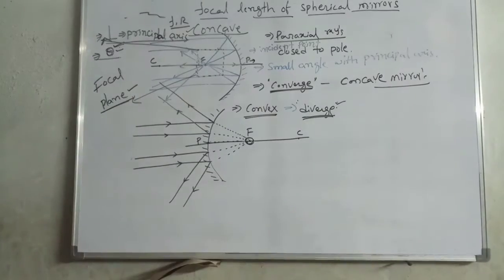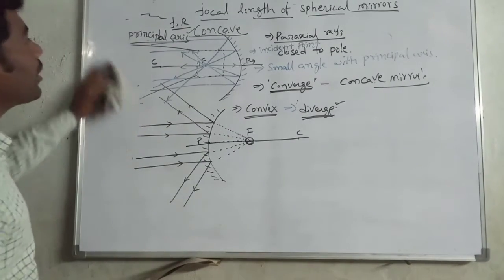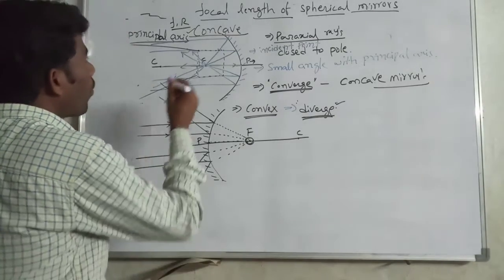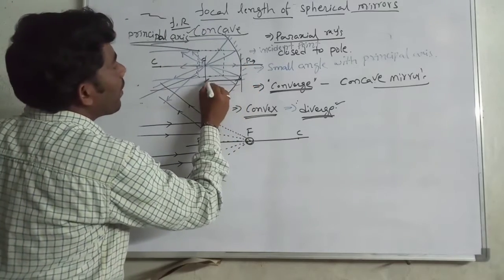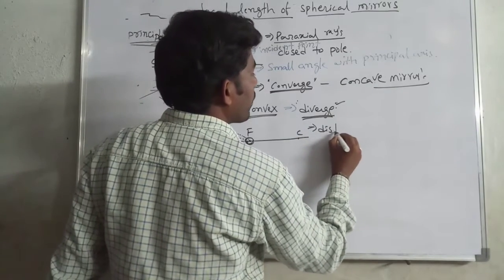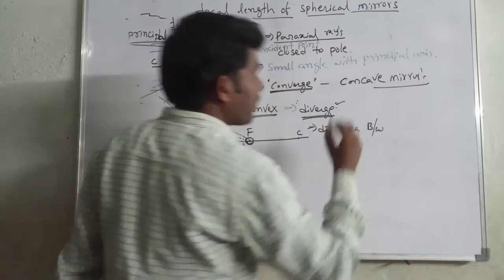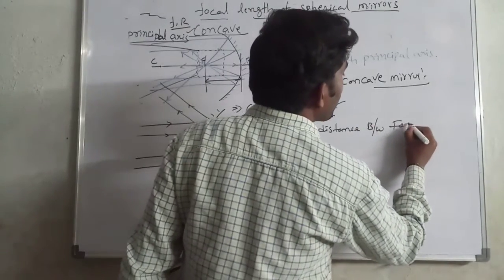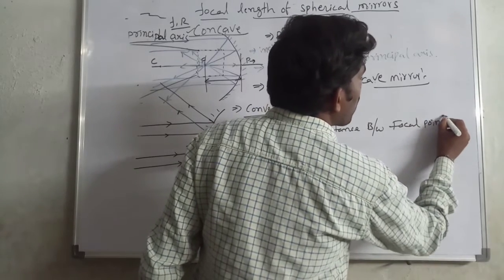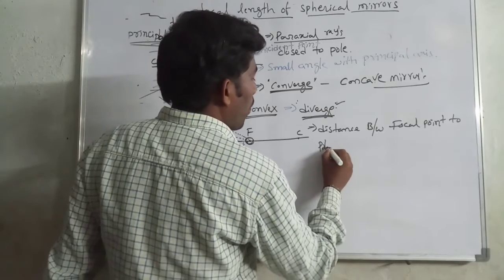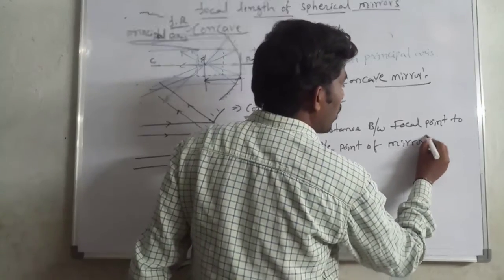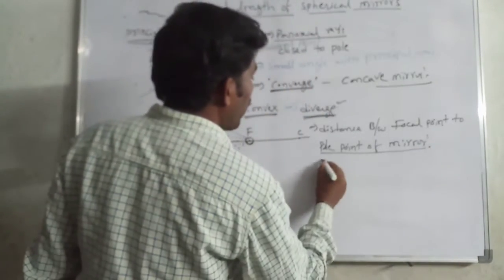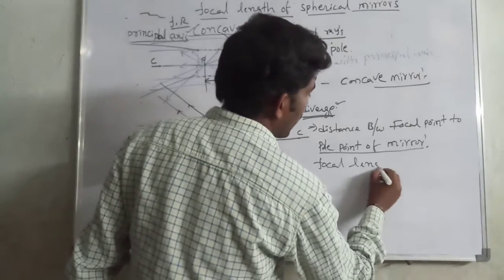Then the distance between this focal point and the pole point of the mirror, whether we take a concave mirror or a convex mirror, this distance we will call the focal length.